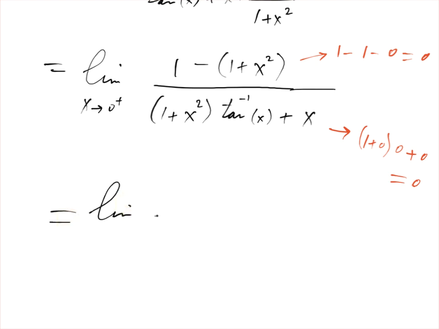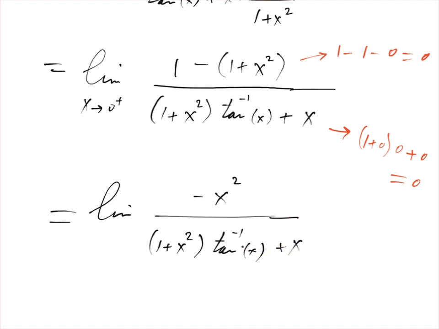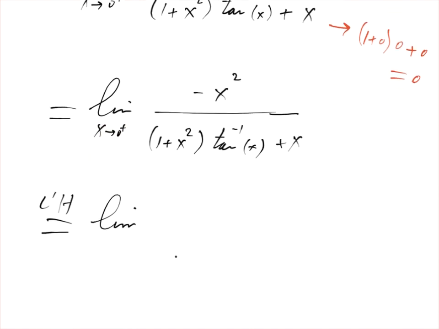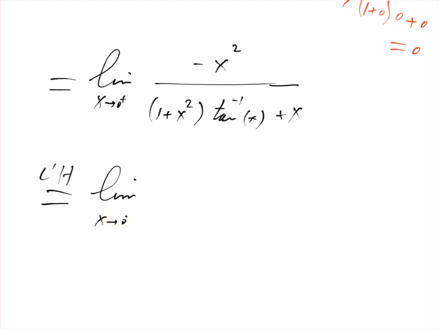So this is the limit of minus x squared over 1 plus x squared times inverse tangent of x plus x. So this is 0 over 0 type. So for that, L'Hopital's rule is applicable, and this is as x tends to 0 from the right. And now we take the derivative of the numerator, which is minus 2x.